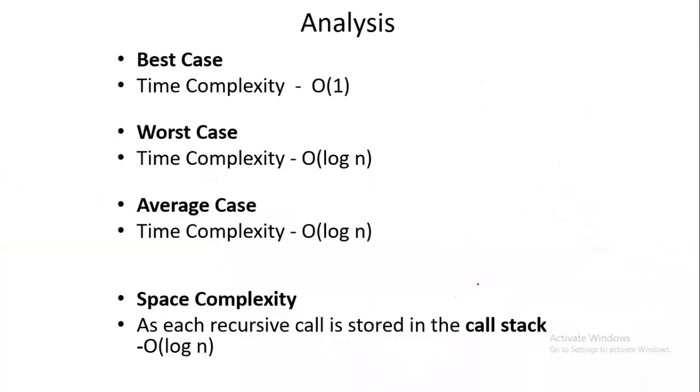Now, moving to the next slide, the best case, worst case, and average case time complexity of the algorithm. In every recursive call, the search space is divided into two parts, so the number of elements to be searched is reduced to exactly half in every step. In the best case, the element is found at the middle position during the first comparison itself, so the time complexity is big O of 1.